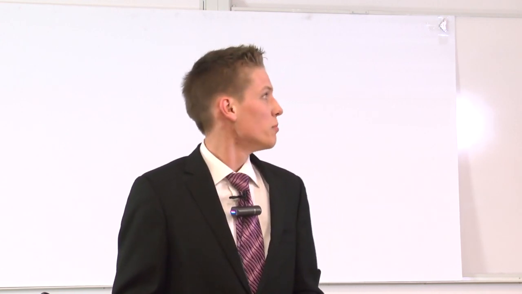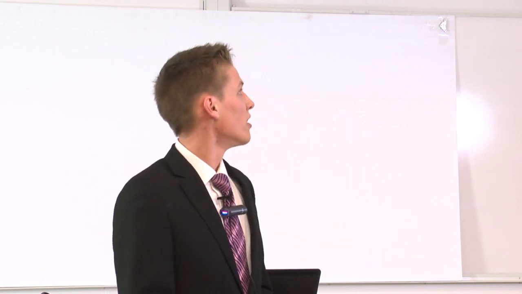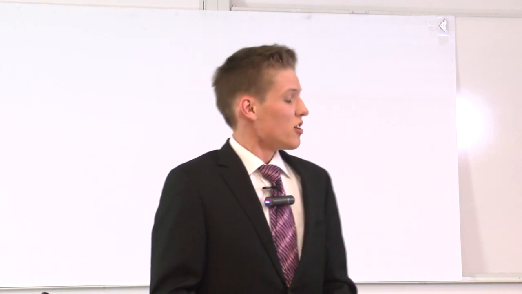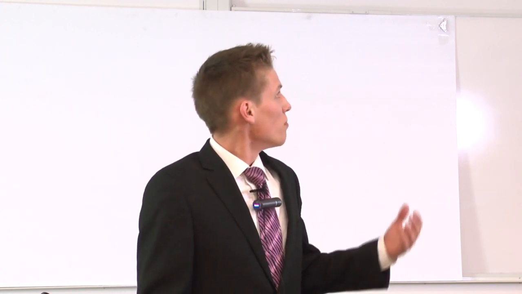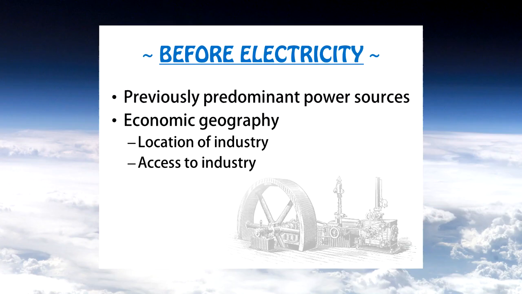Now, these 2 tools were very important in actually producing the next phenomenon, electricity. Electricity is very important because it has provided society with an alternative power source that has exponentially increased both production and efficiency. Before electricity, there were a few predominant power sources: wind, water, and animal power.